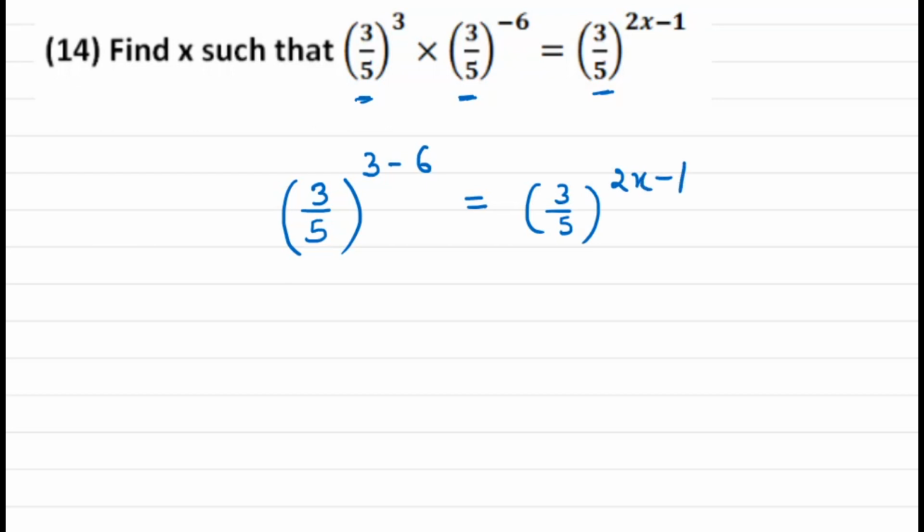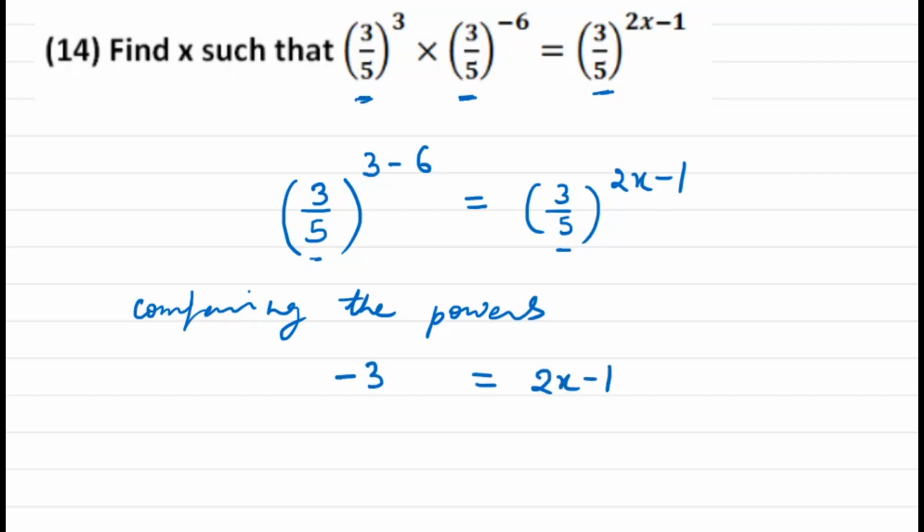Now if these two things are equal, you can see this base is equal, 3 by 5, 3 by 5. So the powers will also be equal because it is given equal. Or you can simply write it as comparing the powers or exponents. So here you'll get minus 3 equals 2x minus 1.